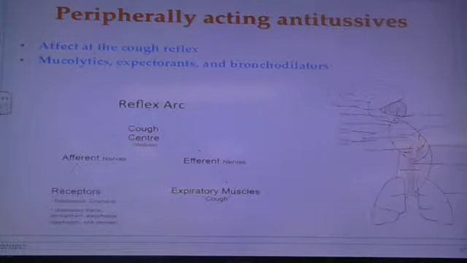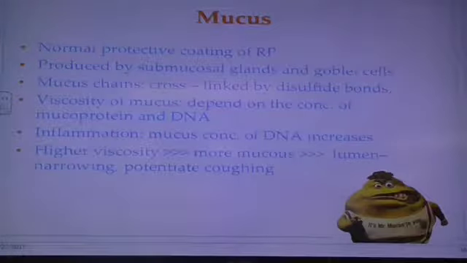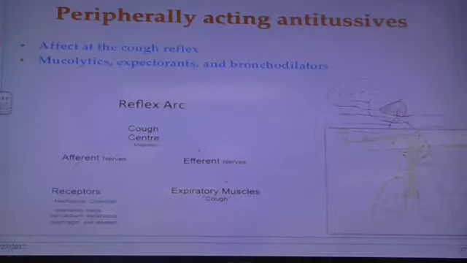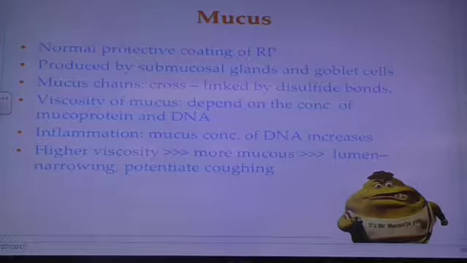So, the drugs we're going to use to control the cough from the peripheral acting side are meant to reduce the production of the mucus, or to have the mucus change its structure. Because the mucus is very viscous and sticky, changing the structure to be more liquefying makes it easy to expel.